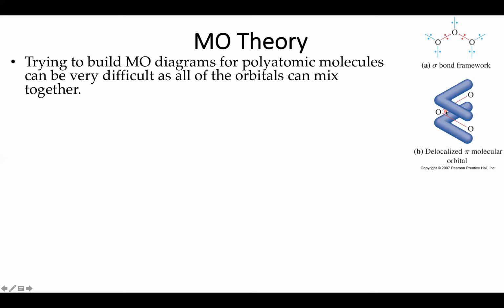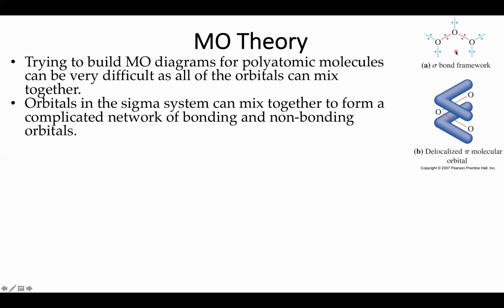So in this case, we can get a little information from our Lewis structure and VSEPR. So we know that we're going to have a sigma network based on our electron domains that is going to have 1, 2, 3, 4, 5, 6, 7 sets of orbitals, giving us 14 electrons.